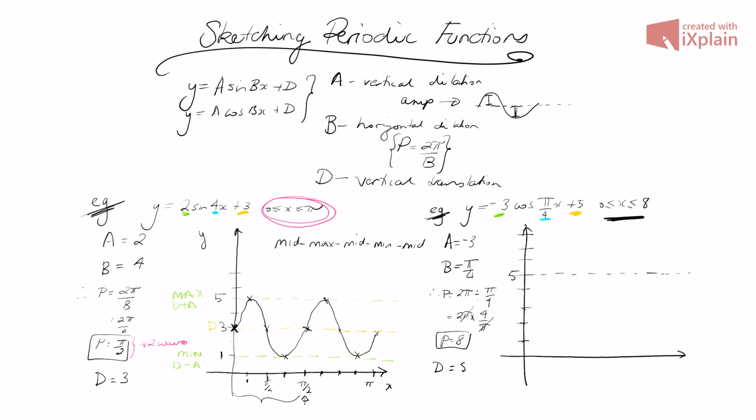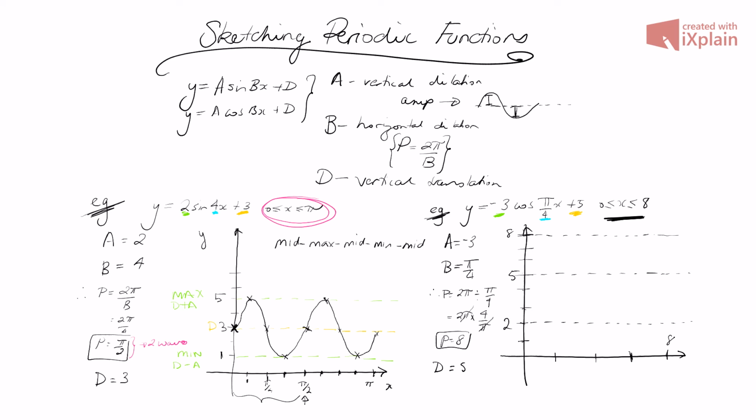Amplitude is 3, so I go up 3. 1, 2, 3. That gives me my max. Amplitude is 3, so I go down 3. Mark on my length of my period, the length of my wave. Divide that up into 4, into quarters. Now we're ready to sketch.